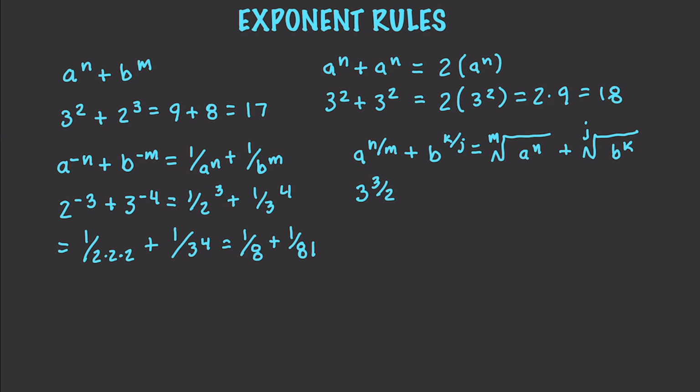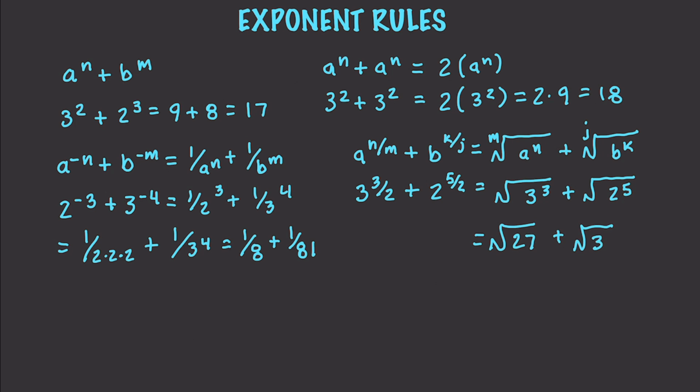So let's say you have 3 to the 3 over 2 plus 2 to the 5 over 2. This is going to work out to being the square root of 3 cubed, which comes from this guy right here. Okay, that's where the square root comes from. Plus, and again, I think you get this, the square root of 2 to the fifth. And of course, this ends up being equal to the square root of 27 plus the square root of 32.